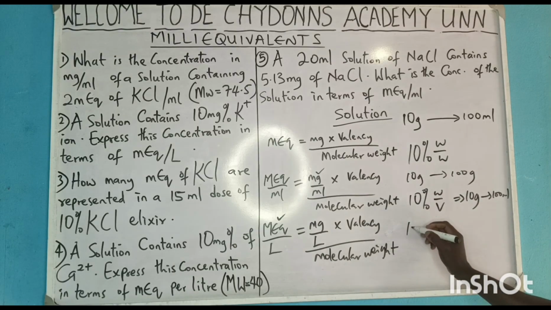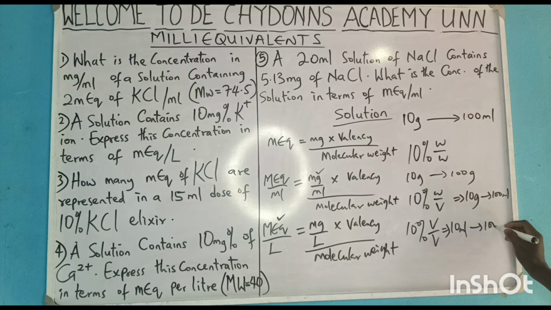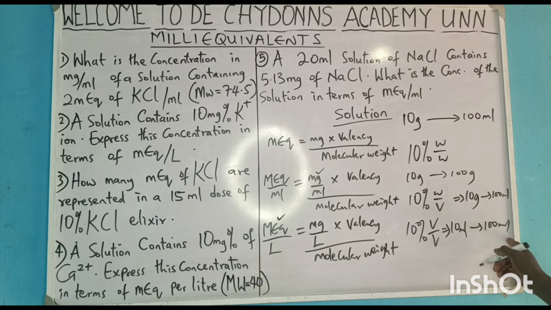Then if you have 10% volume per volume, it means 10 mil in 100 mil. That is volume, it will go by volume.